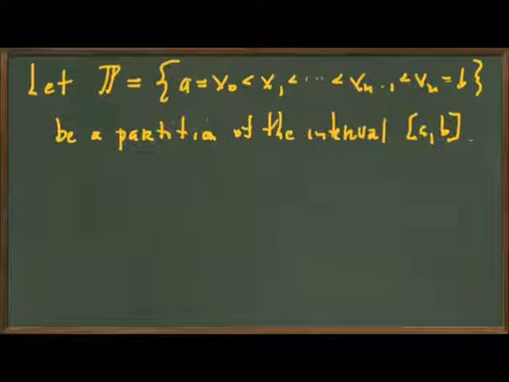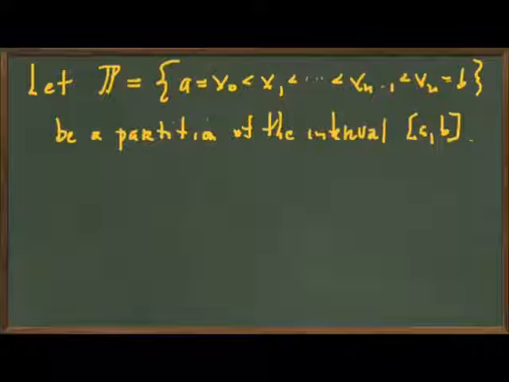So we're going to start off by defining how the interval AB is divided up. It's going to be divided up using what we call a partition. We're going to call the left endpoint x sub 0. We're going to call the right endpoint b x sub n, and then we just have an unspecified number of x values between x0 and xn, with the only requirement that each one is to the left of the one that follows it.